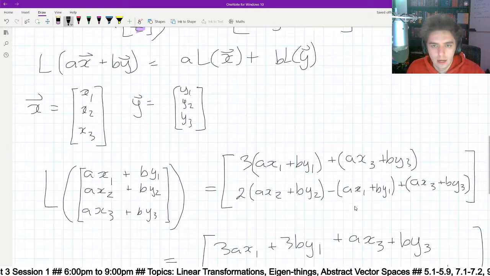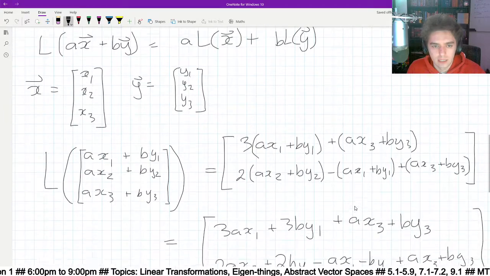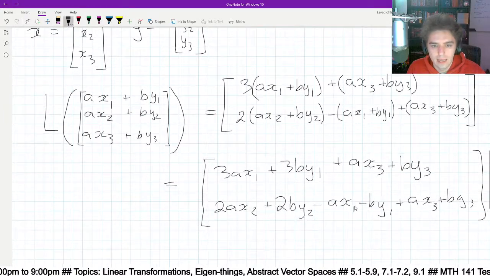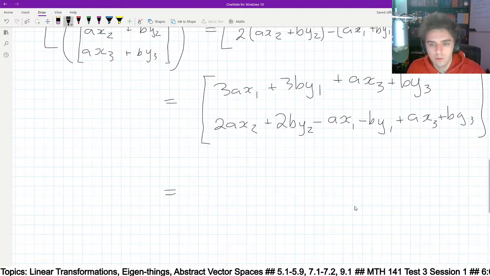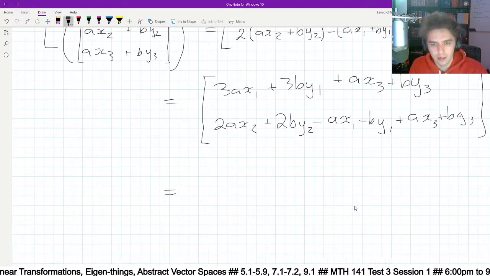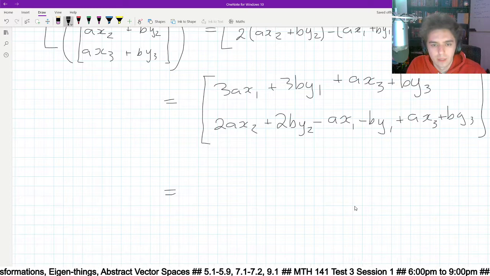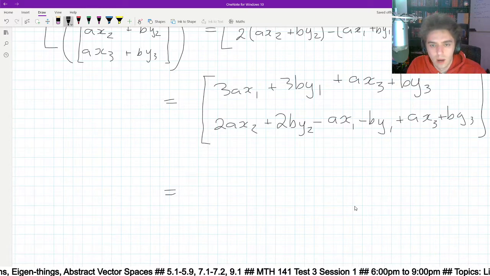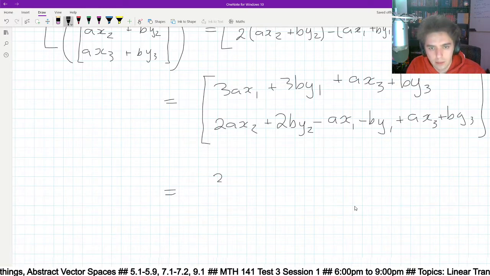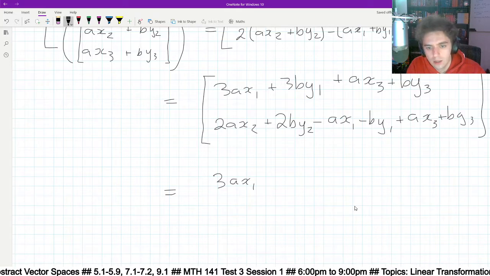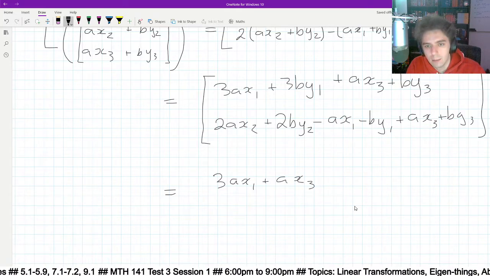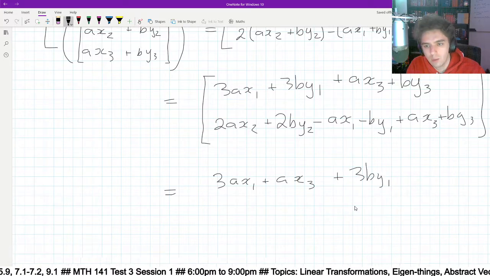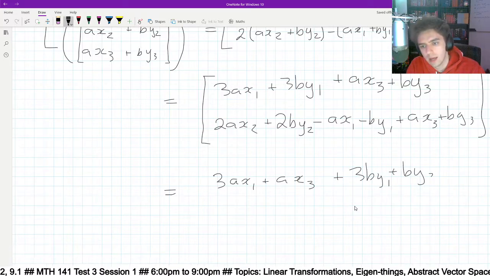So I want to break this up into something that looks like this, so a times L of x1. If I move all the x's together and all the y's together, it's its own thing. So it's going to be 3ax1 plus ax3, plus 3by1 plus by3.